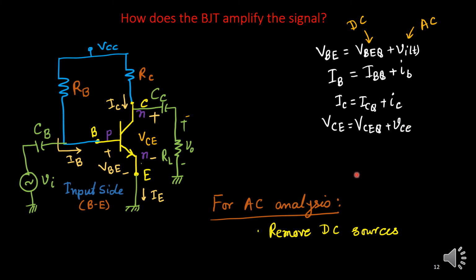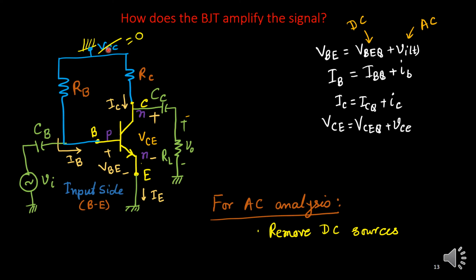So we will first remove the DC sources. Now to remove the DC means what? The main DC source, VCC. We should make it 0. First we will make this DC component 0.